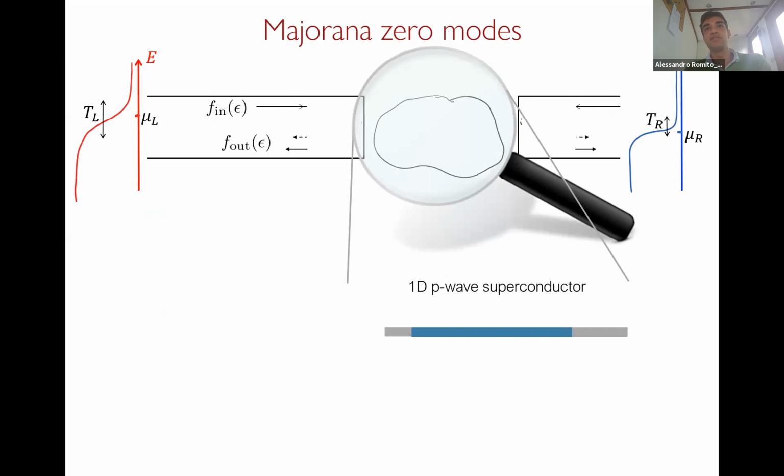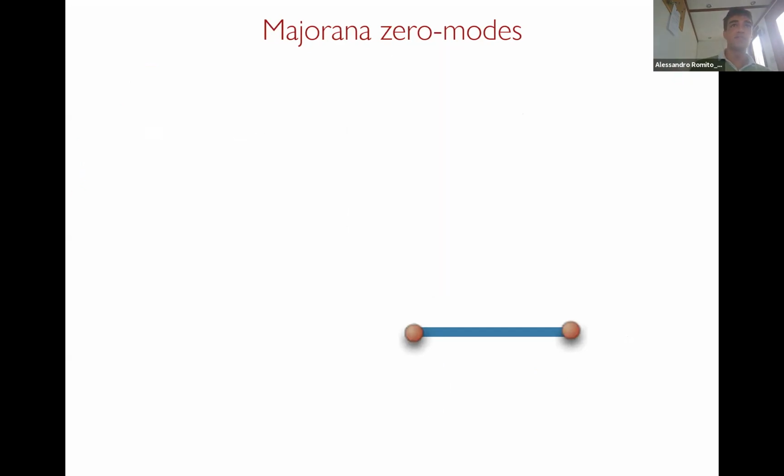The specific feature of this talk is that we're looking at a system which has topological properties. Specifically, we're looking at a one-dimensional p-wave superconductor. The peculiarity of these systems is that they have Majorana zero modes. So let me spend a couple of minutes to say what the physics behind these states is.